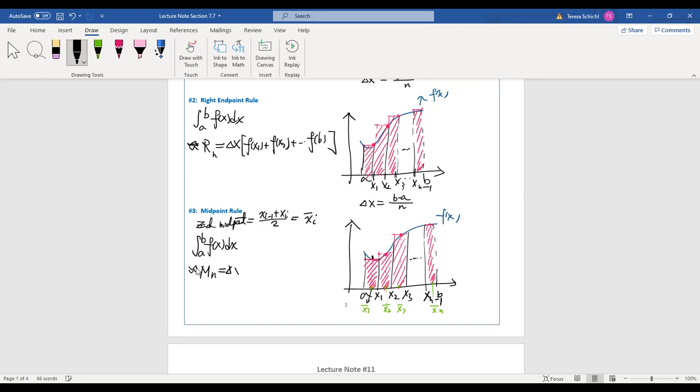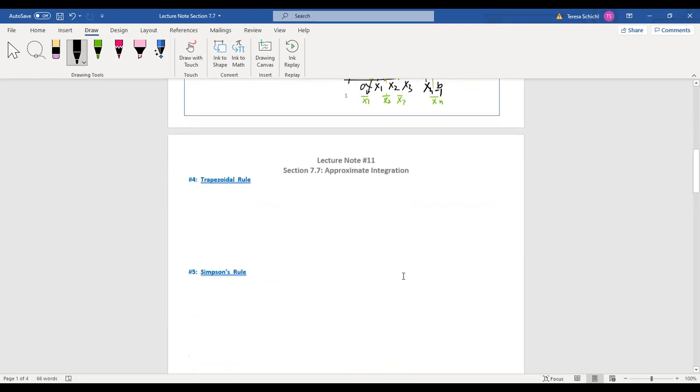The width is still delta x, but the height depends on where the midpoint touches the curve. So it will be f of x1 bar plus f of x2 bar plus up to f of xn bar. So this is the midpoint rule, and we're going to take a look at examples. If you understand, it's just very tedious work when we do it without a computer, right?